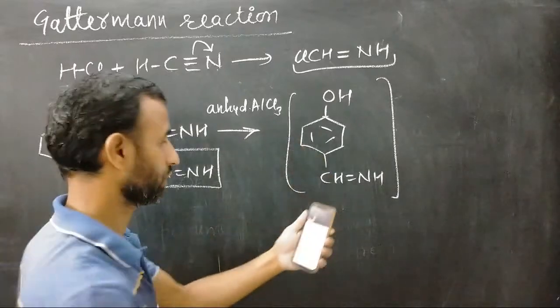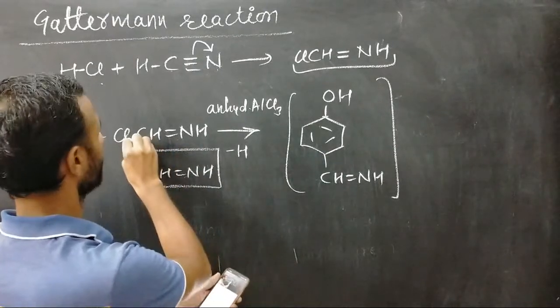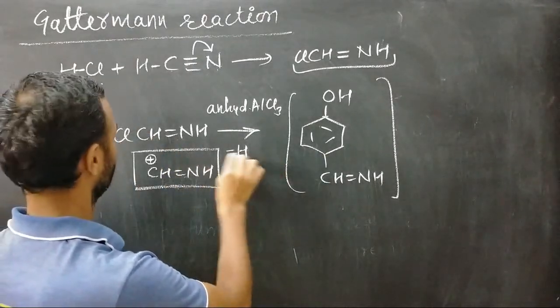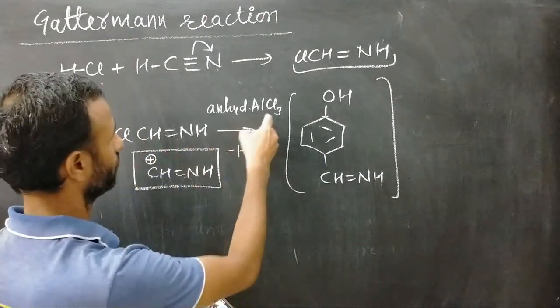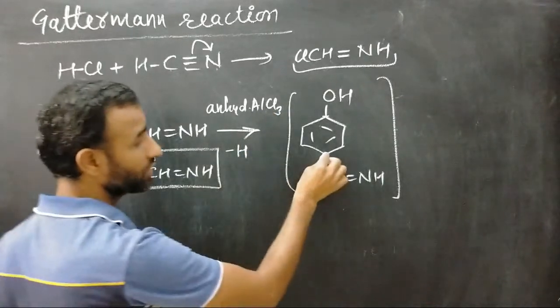The Cl is removed with the AlCl3, forming AlCl4 negative, then this H is removed.